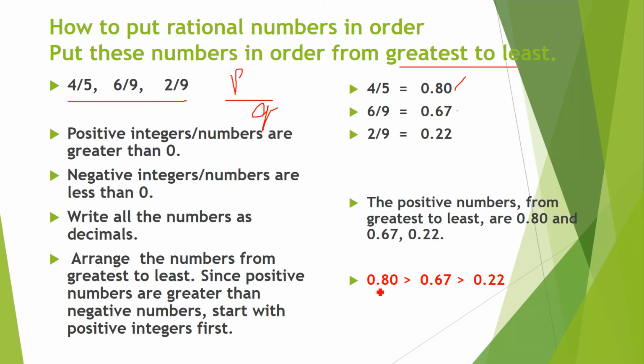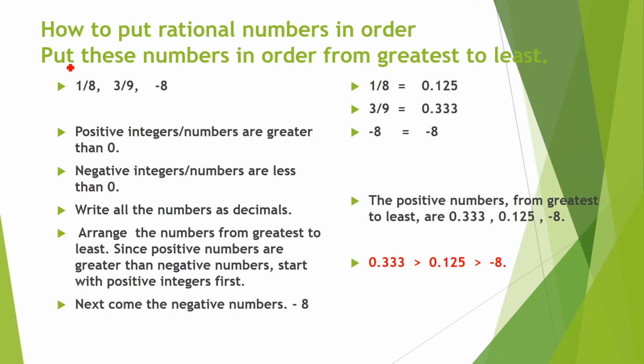You can write it this way: 0.80 is greater than 0.67 is greater than 0.22, and this is the sign of greater than. This is the symbol of less than. In the last slide I mentioned this is and, right? So these are the differences among them: and, greater than, and less than.